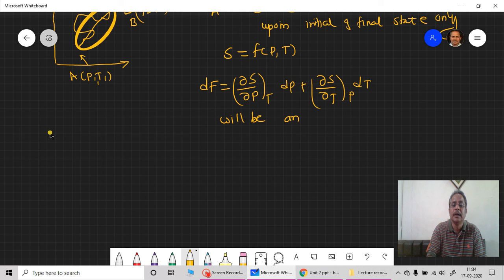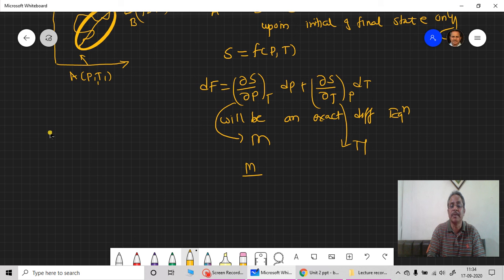This equation will be an exact differential equation. This means this is my M, this is as good as N. So differentiate M with respect to temperature, delta M upon delta T, and differentiate N with respect to P. This is nothing but one of the Maxwell's equations.